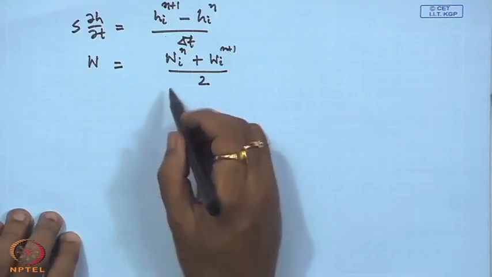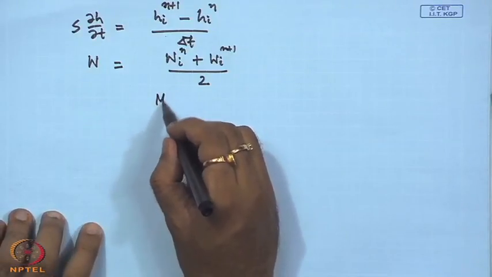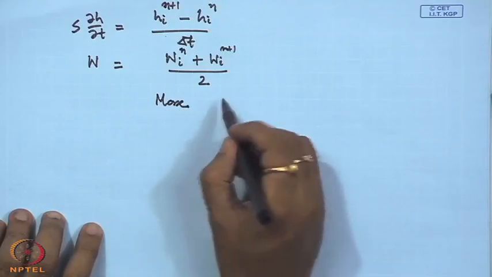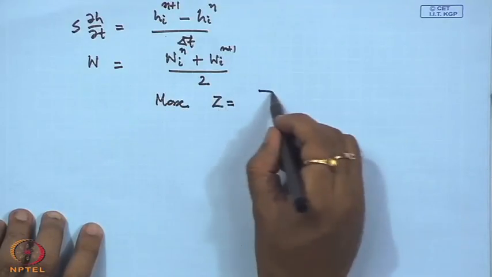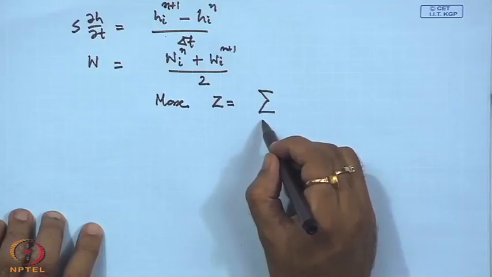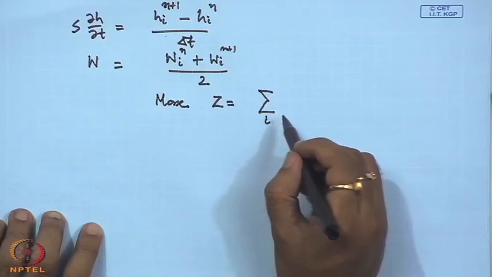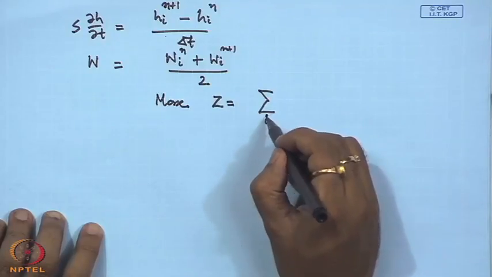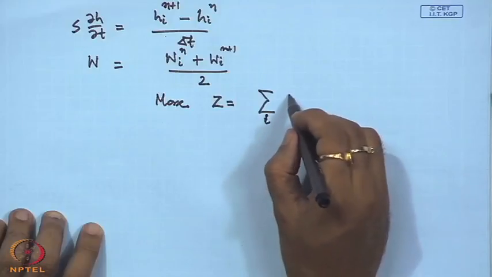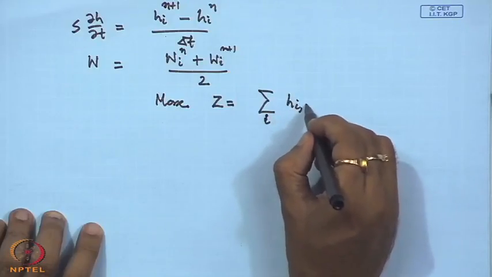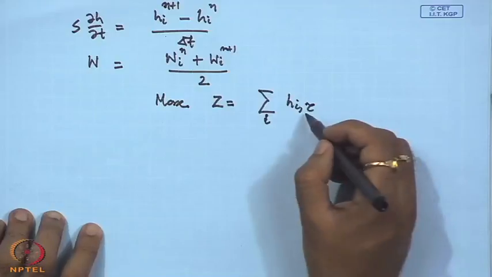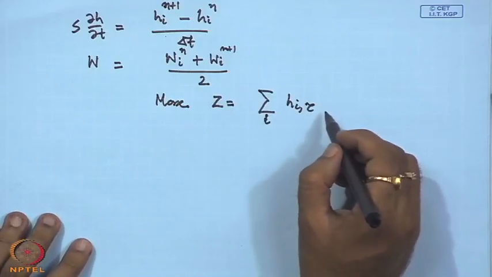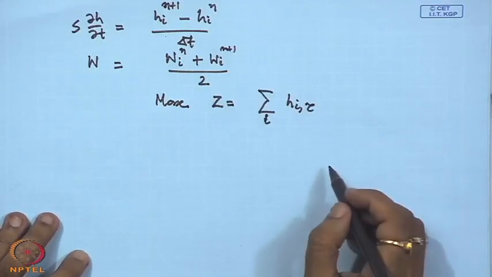We can write this as maximization of z, the head at all i at time tau. Tau is basically our last time step.